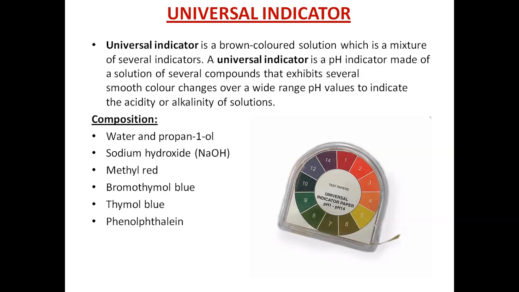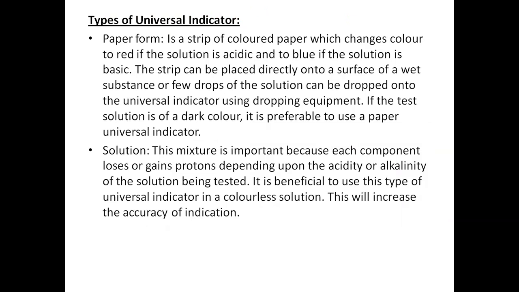So this is how pH paper gives you an estimate or an idea of what the pH of the solution is. It is again a better method than using litmus paper and the indicators alone. So this was all about the paper form of universal indicator.